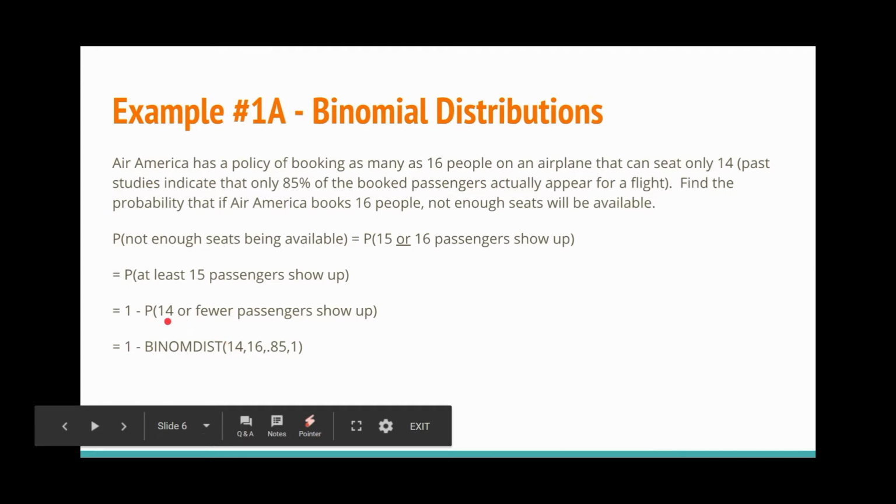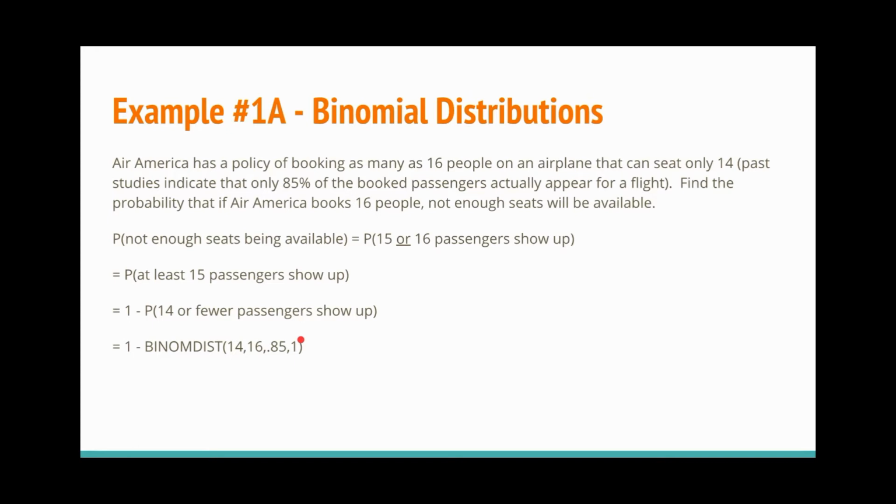And that's exactly what this phrase means, 14 or fewer passengers appear. And this calculation is what the spreadsheet will do if you type in a 1 or TRUE at the end of the command. And when you do this in Excel, you get the exact same result as we got in the previous calculation.